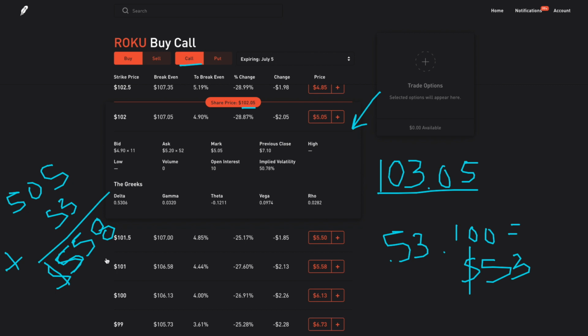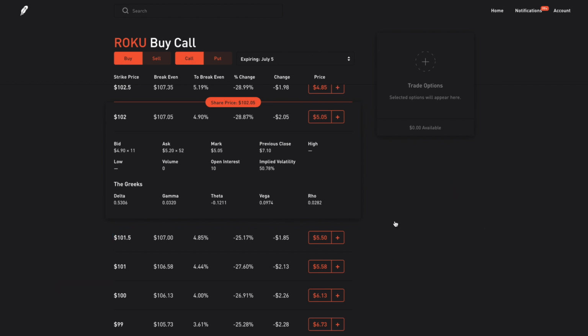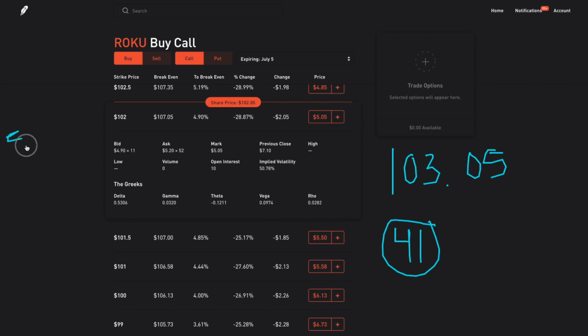However, if you had held this option overnight, say the stock didn't move to 103.05 until the next day after you bought this option, are you still going to make $53? No, you're going to make $41. How did I come up with this number? I multiplied delta by 100, which gave me $53.